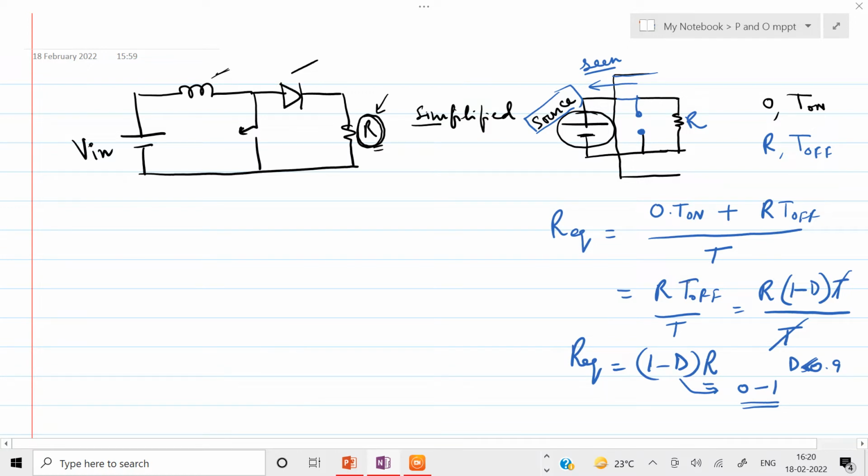Losses also increase significantly. So it is better to operate at a value less than 0.9. Okay. Anyway, for the ideal case, we can assume that D can vary from 0 to 1.